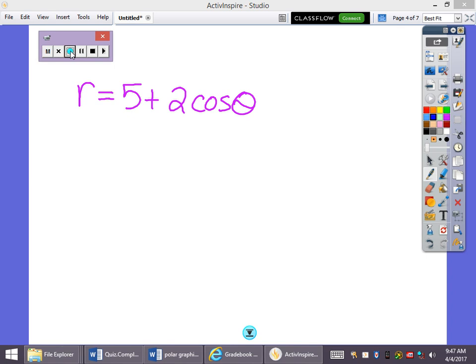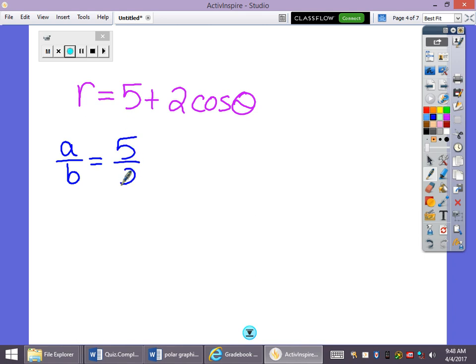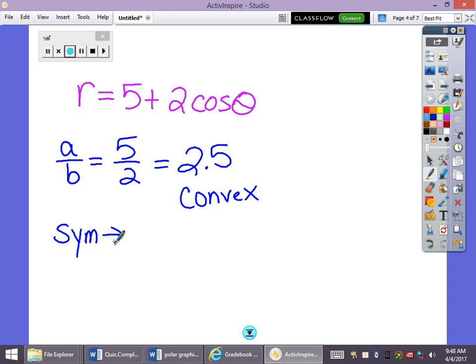Okay, so I need to do A over B, which is 5 over 2, which is 2.5. So it's going to be convex. Where is its symmetry going to be? X-axis.